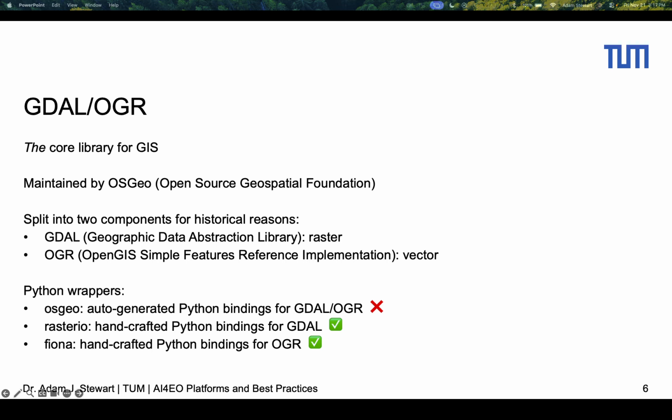And that was great, but the problem is they're kind of auto-generated. They look like C++. All of the function names and classes look like C++. Even some of the errors behave similar as well. So for instance, if you import osgeo.gdal and you run some kind of command, even if it fails, the Python script keeps going, which is not normally how Python works, right?